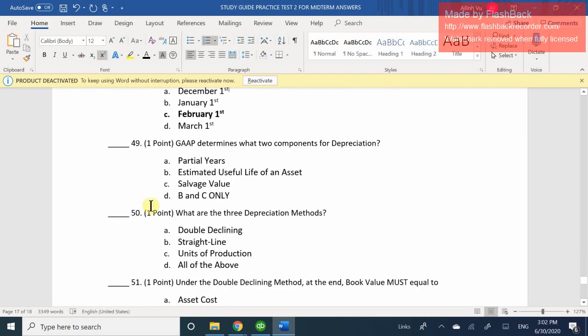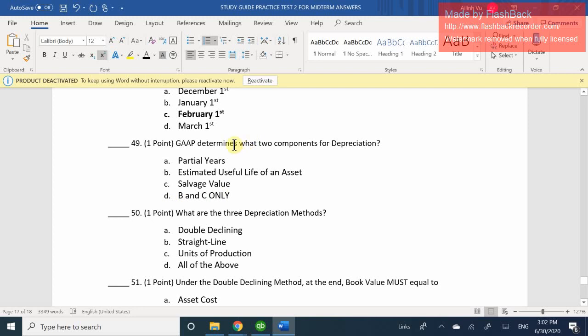Okay, number 49. GAAP determines what two components of depreciation. I was specific on this one. D, the estimated useful life and salvage value. Yes, okay, good.